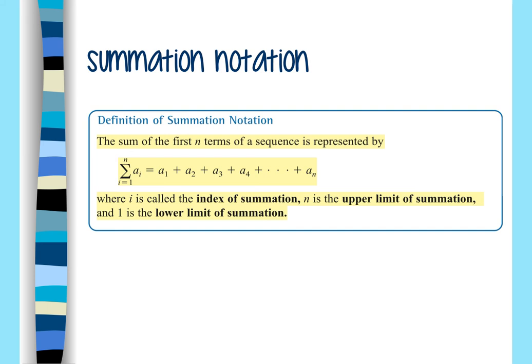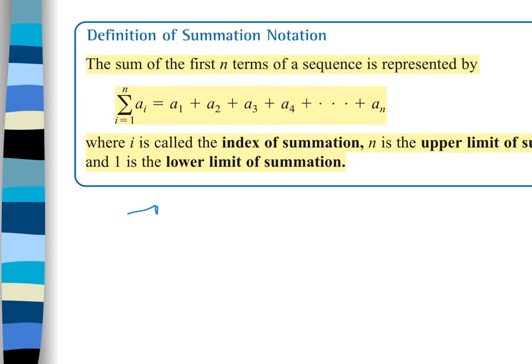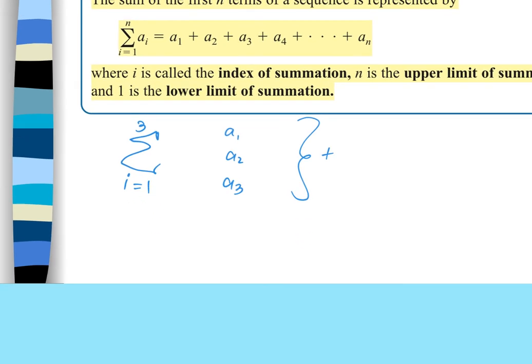So you would start with the number on the bottom. If it looked like E and it said i equals 1 and the top number was 3, let's say, this means find A1, find A2, find A3, and then add them all together at the end. If the bottom number was 1 and the top number was 5, now I would find A1, A2, A3, A4, A5, and then I would add them all together at the end, okay?